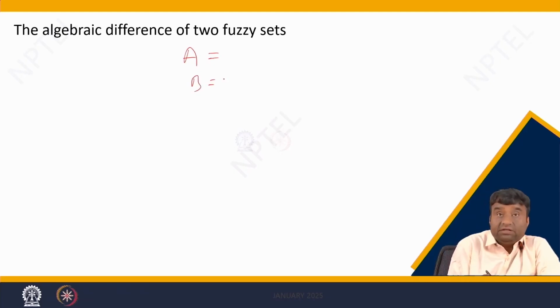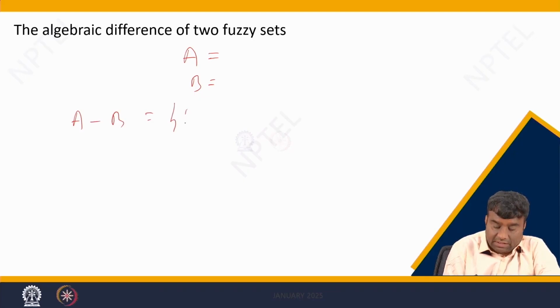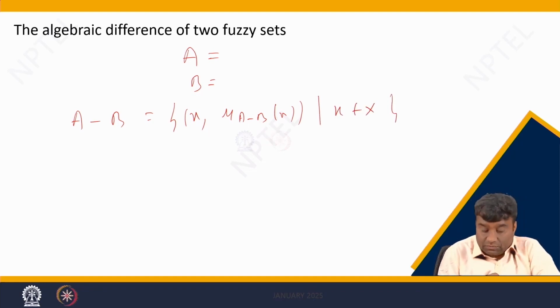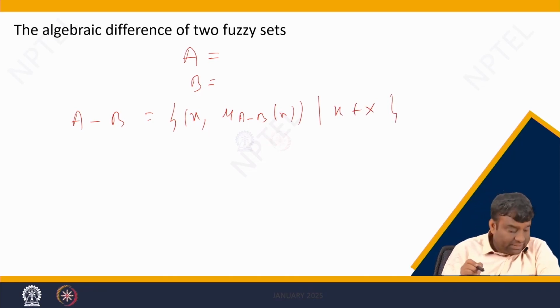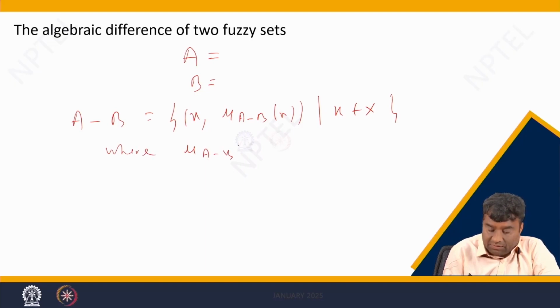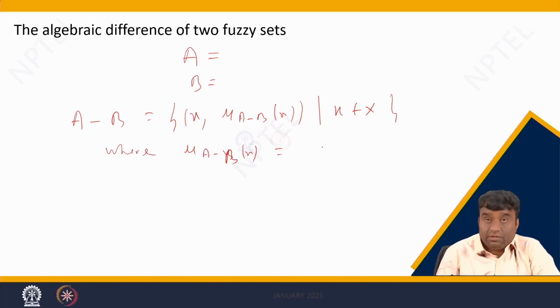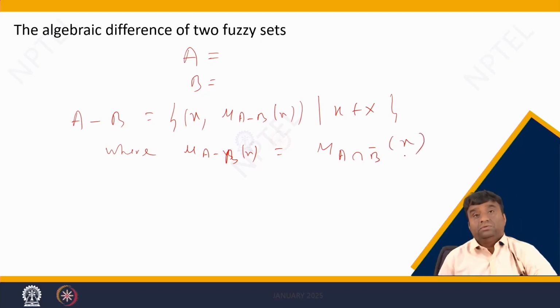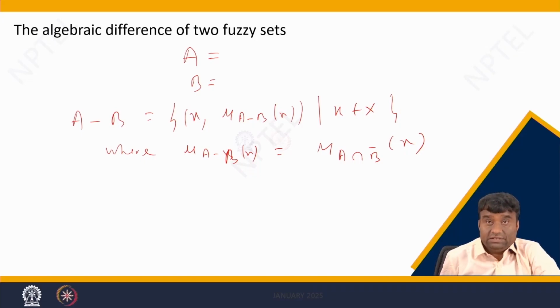The algebraic difference can be denoted as A minus B, that is the fuzzy set {(x, mu A minus B(x))}, x belongs to the universe of discourse X, where mu A minus B(x) is defined as mu of A intersection B complement (x).